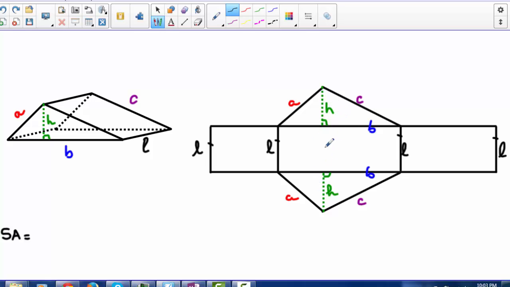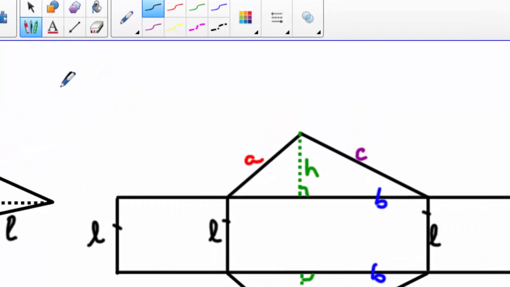They are congruent, so I can say 2 times the area of one triangle. You know from the beginning that the area A of a triangle equals half times base times height.